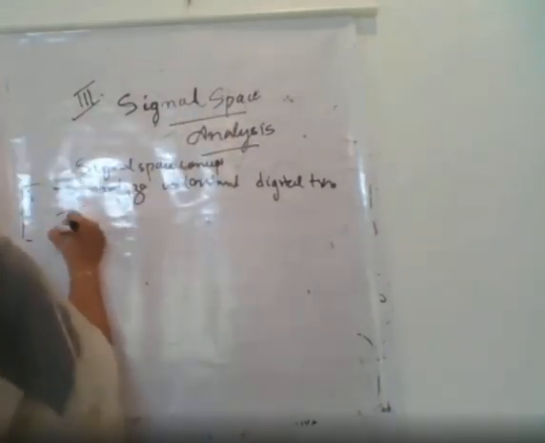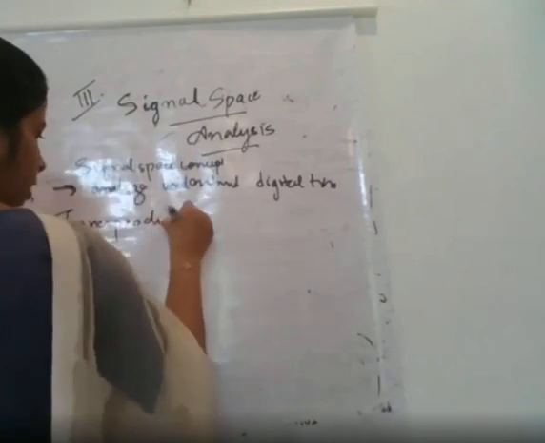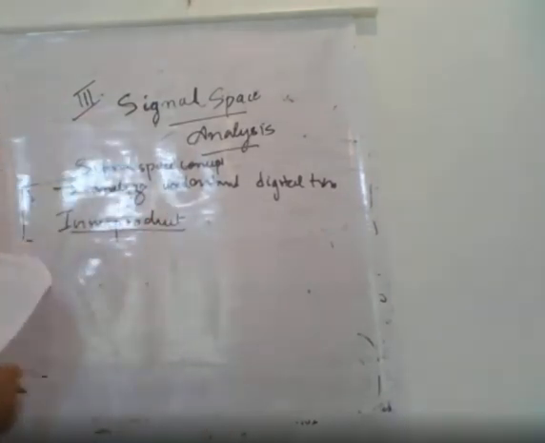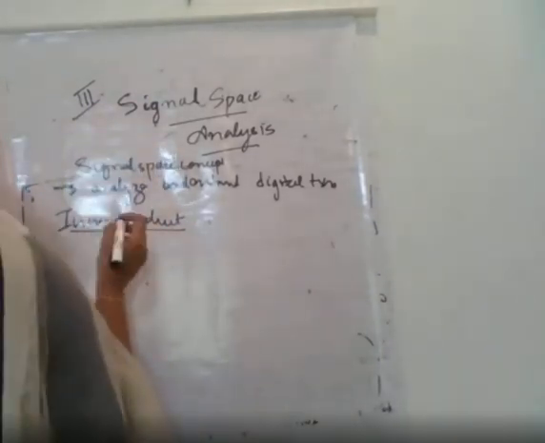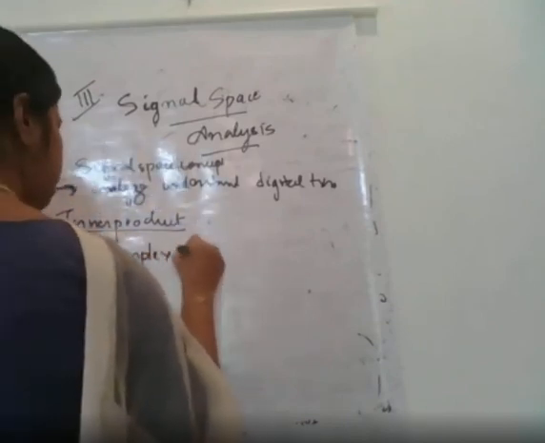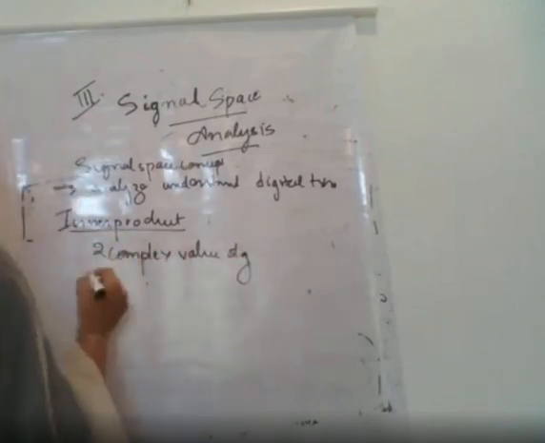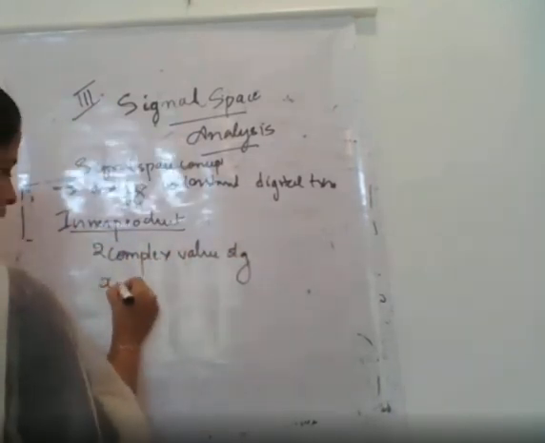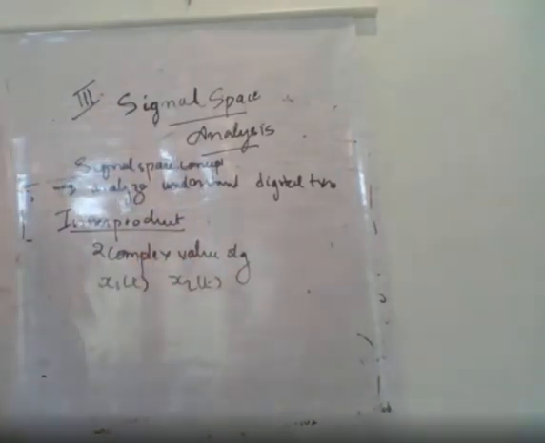And we can define the inner product. Inner product is an important term in the signal space concept. We can calculate the inner product of two complex valued signals. Consider two complex valued signals x1 of t and x2 of t.